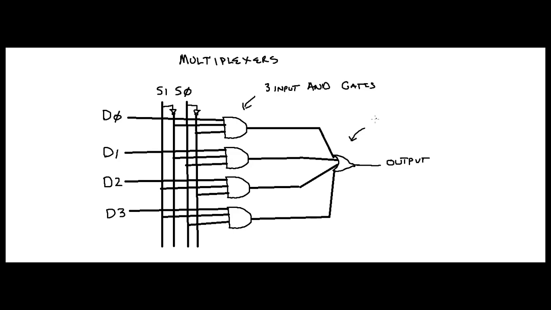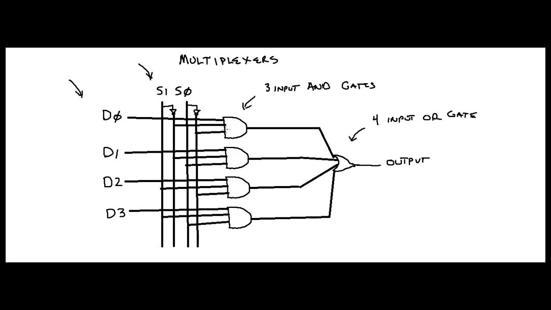Here, this is a 4 input OR gate. So, here are your inputs, D0 to D3, right? And here are your control inputs, right? S1 and S0. So if you simply look at them, it's quite straightforward.